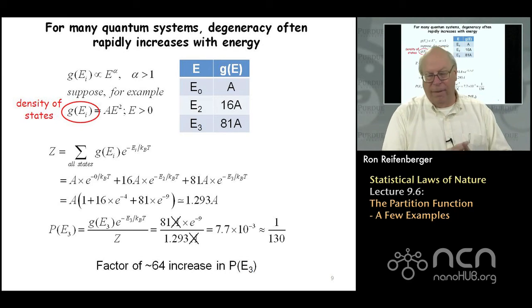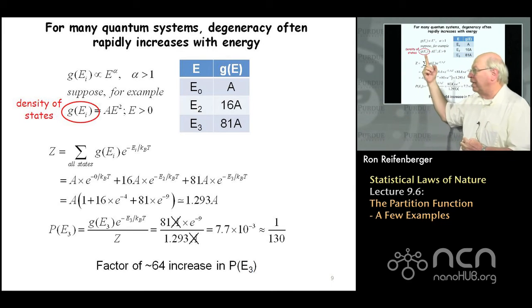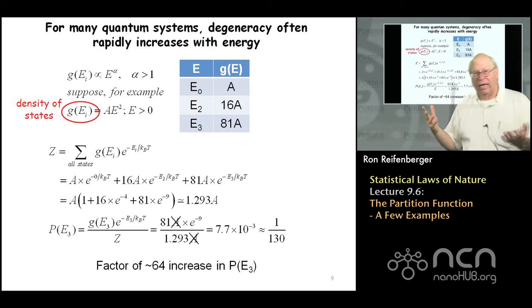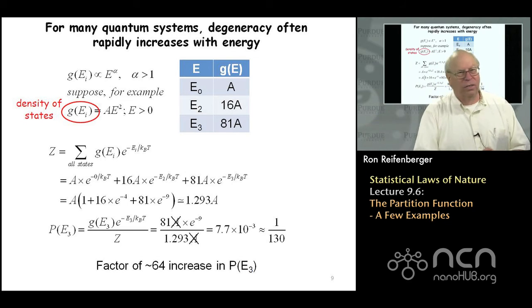So for part 2 of this example, I just like to assume that the density of states increases quadratically with energy, and I like to try to find out what the consequences of that simple assumption are.